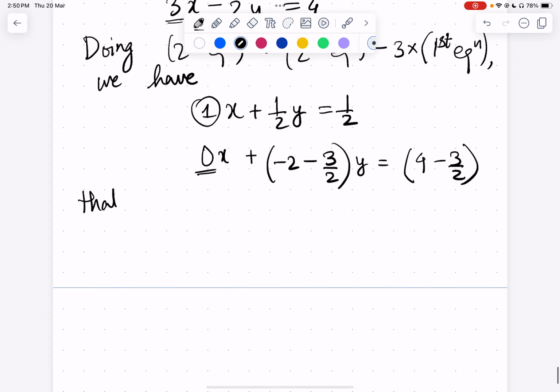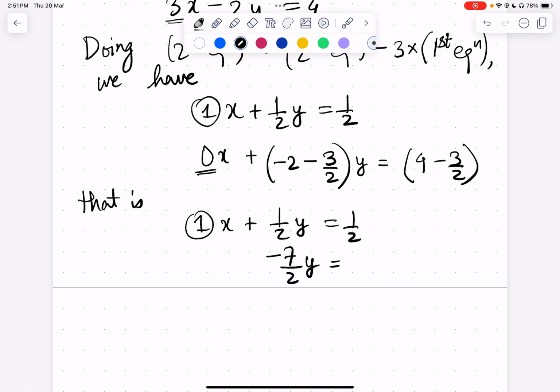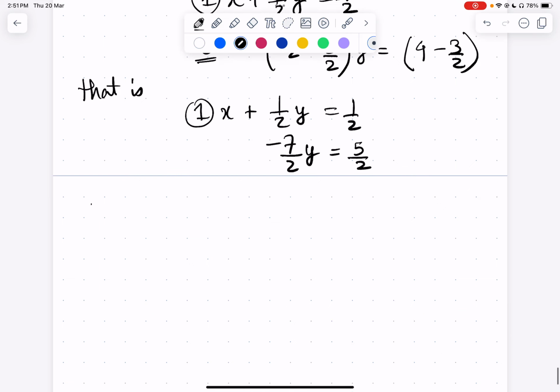That is 1x plus half y equals half, and minus 7 by 2 y equals, so 8 by 2 minus 3 by 2, this is 5 by 2.